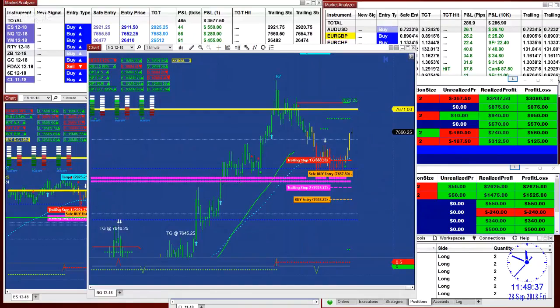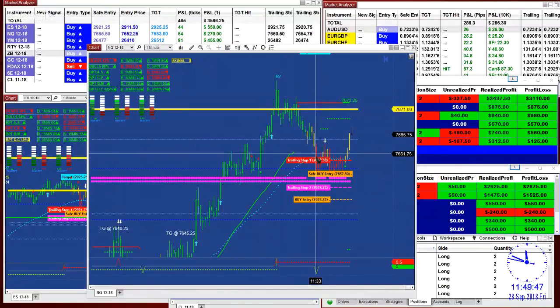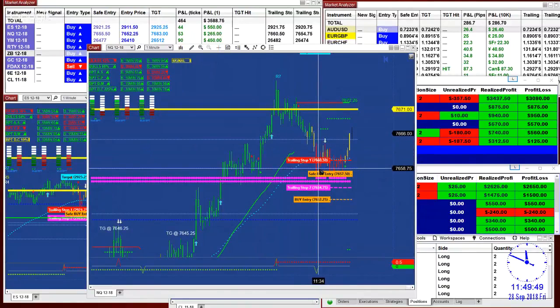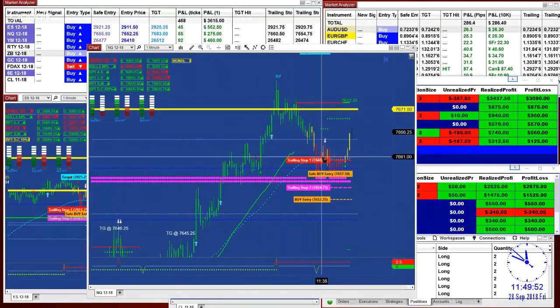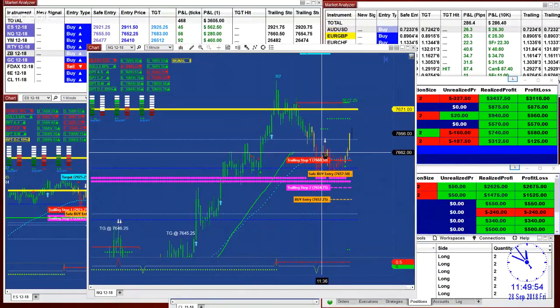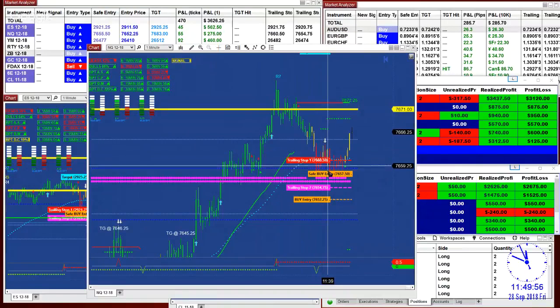By the time their MACDs and ATRs and all these whatnots get into the trade, the market is pulling back. It's gonna knock them out of that trade.